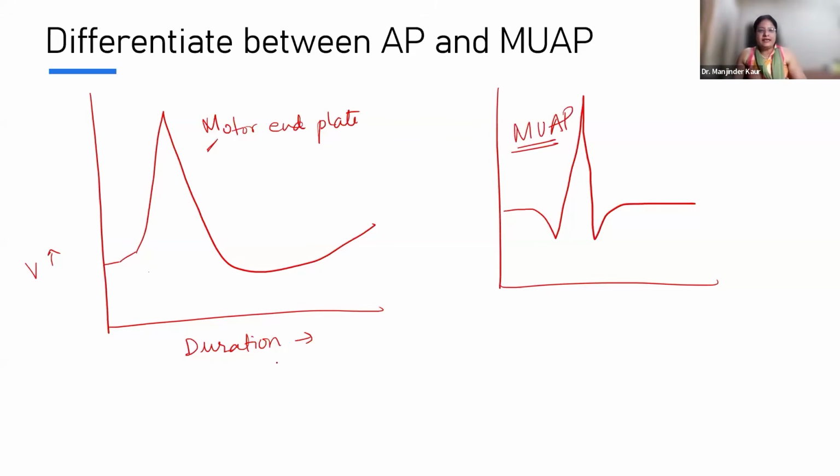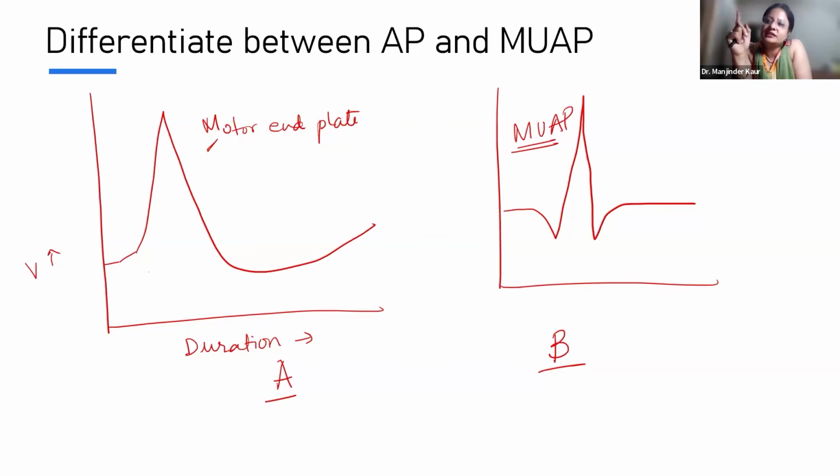So in A, I will call it as A, this as B. So the origin of A is from the muscle fiber, whereas the origin of B is from the motor unit. Okay, fine. So A is for a single muscle fiber, whereas B, MUAP, is a single nerve with multiple muscle fibers. Yes, it is related to all or none.